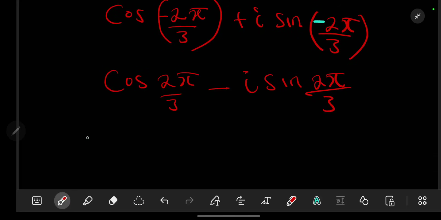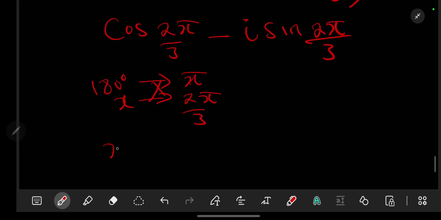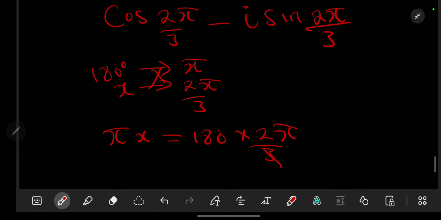So remember, 180 degrees is equal to pi. But how about 2 pi/3? This is equal to x. You cross multiply, so x should be equal to 180 times 2 pi/3 divided by pi, so that this and this cancel.